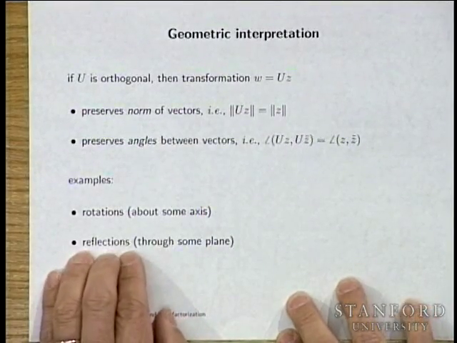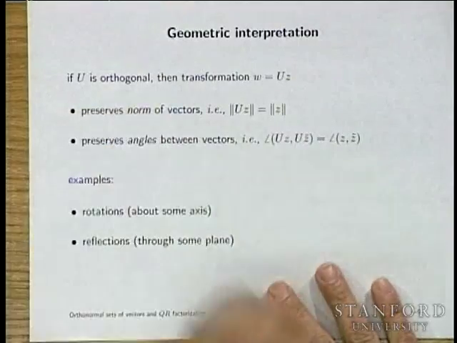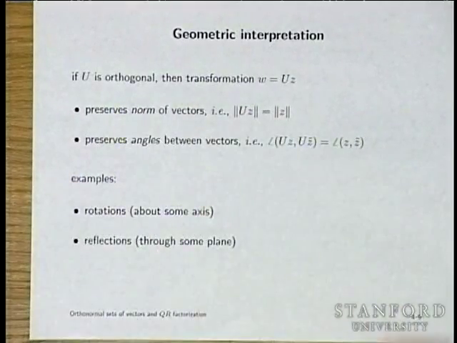Another example is reflection. In reflection, you specify a hyperplane, and then the operation is to take something on one side of the hyperplane, calculate the projection onto the hyperplane, and then go the exact same distance on the other side. That's a reflection. That's also linear, and it's also given by an orthogonal transformation.